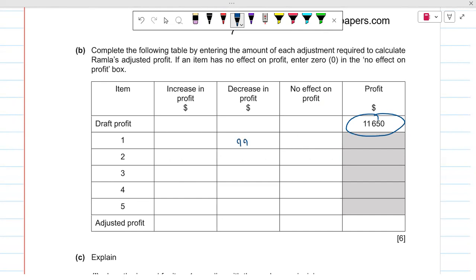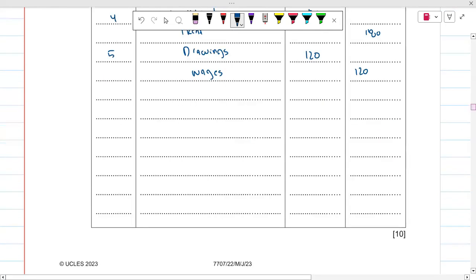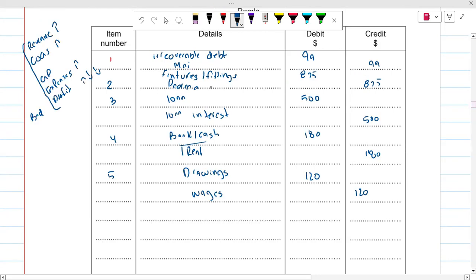Okay. So next in two, fixture and fittings and Padma. So basically we have purchased fixture and fittings from Padma. So fixture and fittings are an asset. So we know that we will record the assets in the balance sheet, the statement of financial position.